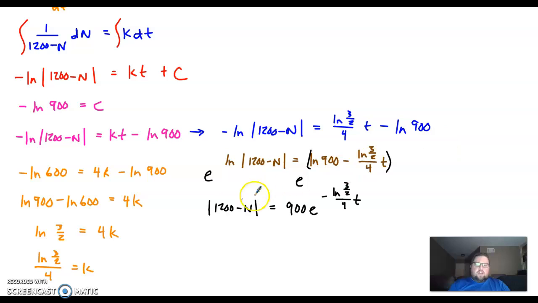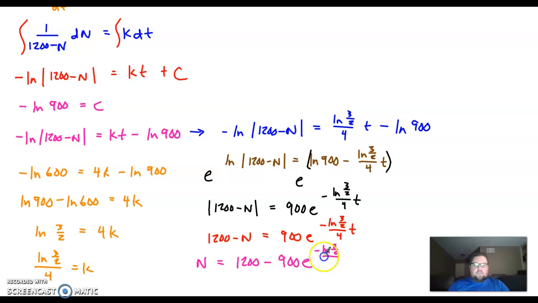We can drop our absolute value bars. Once again, we have positive initial conditions, so we just have a positive 900 in front. And then we just get our n by itself from here. So we end up with n equals 1200 minus 900 e to the negative natural log of 3/2 over 4 times t. And that answers part A.